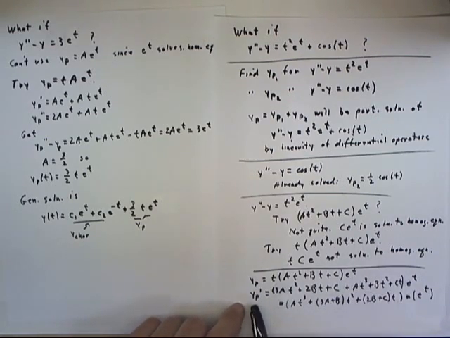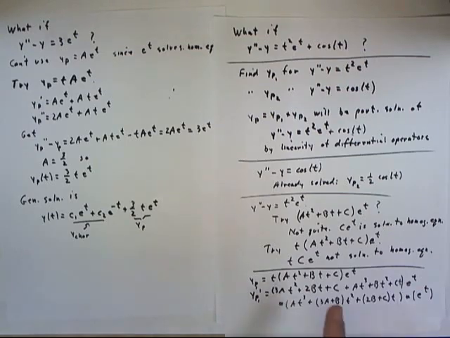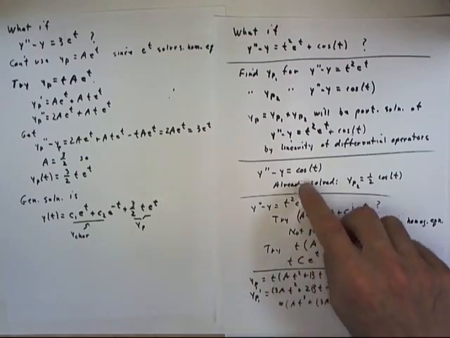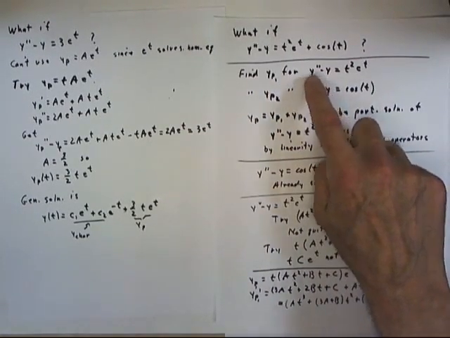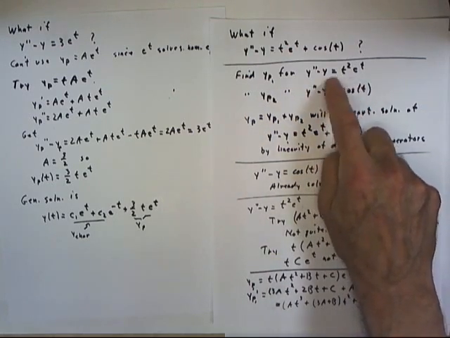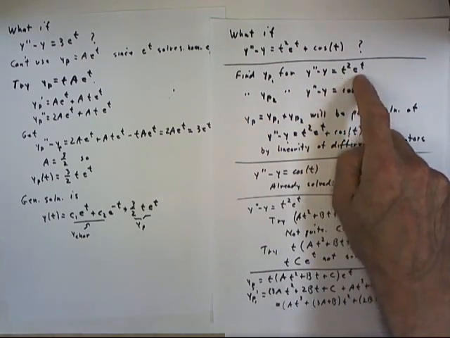Yp is this expression, yp prime comes out to be this expression, and I've changed the p to a p1 to be consistent with what we have here, yp1 being the particular solution for this particular equation with the t squared e to the t.